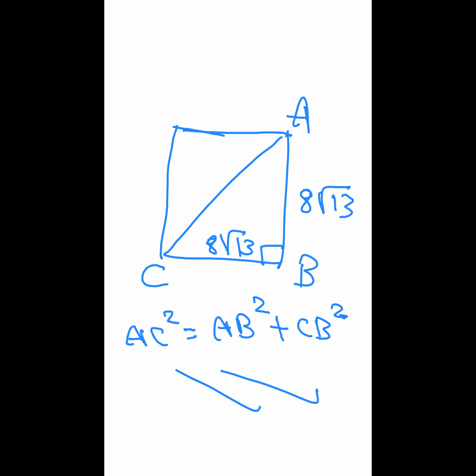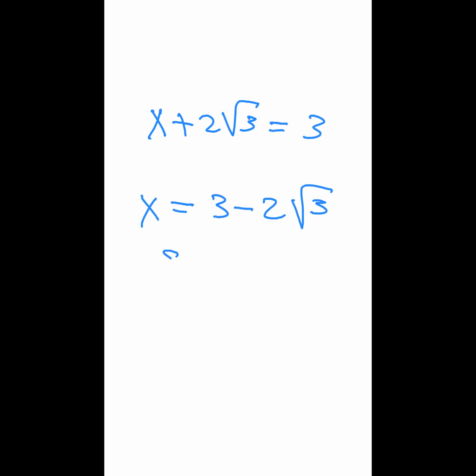It's x plus 2 square root of 3 equals 3. Find the solution set. Okay, so x will equal 3 minus 2 square root of 3. So the solution set will equal 3 minus 2 square root of 3.